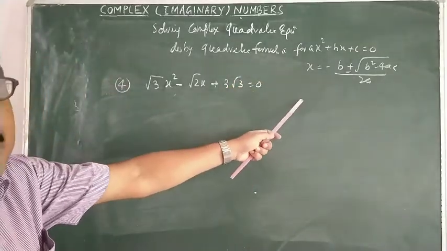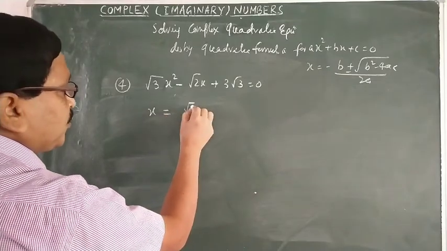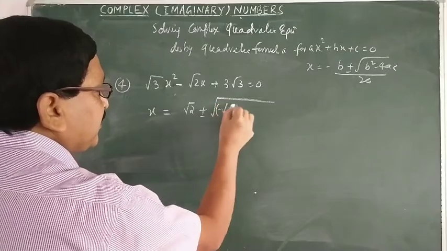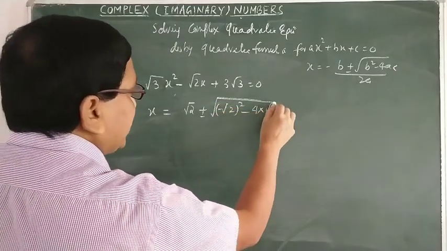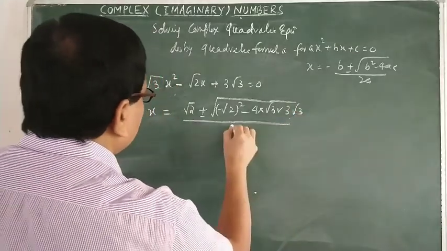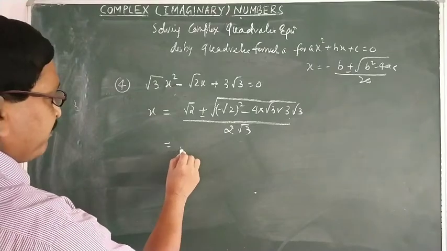Now simply set it in this. So x is equal to minus b, so this is root 2, plus minus root over b square, root 2 squared minus 4 into a into c, 3 root 3, by 2 root 3. So set in this formula and get the answer.